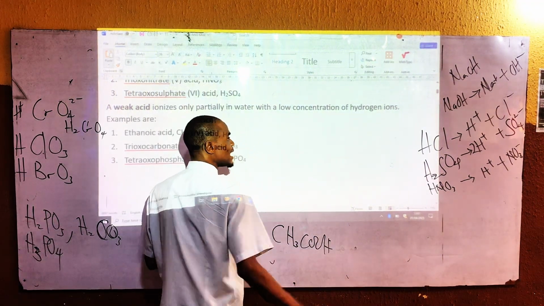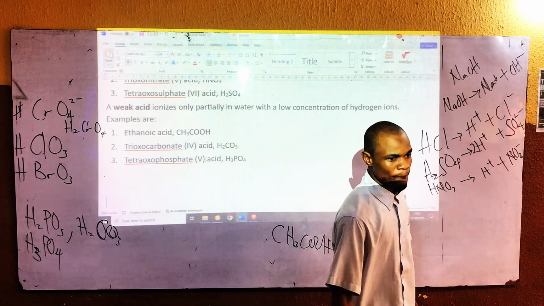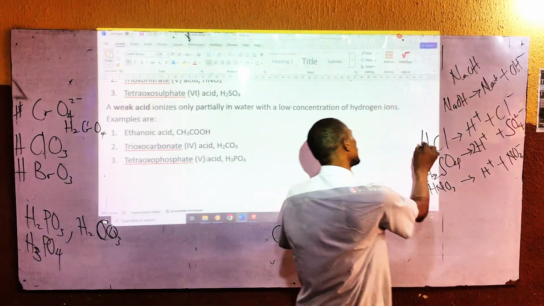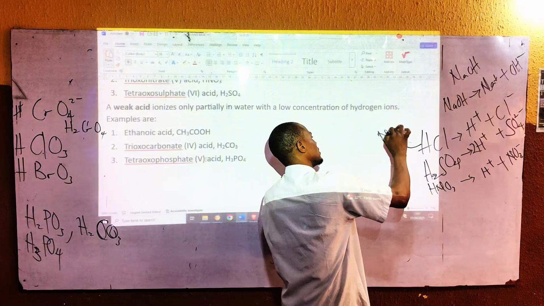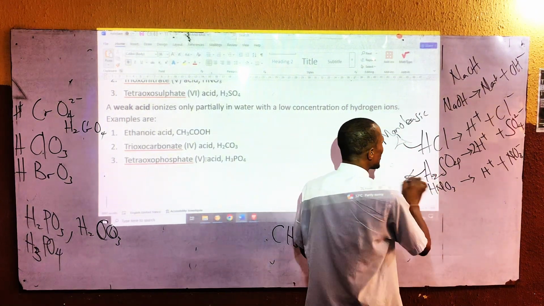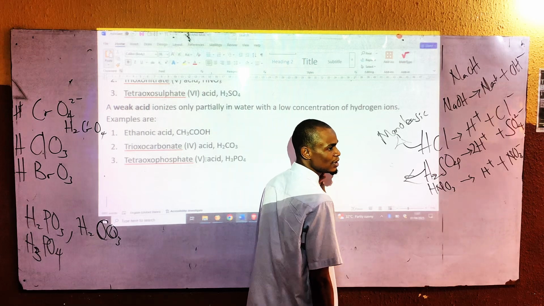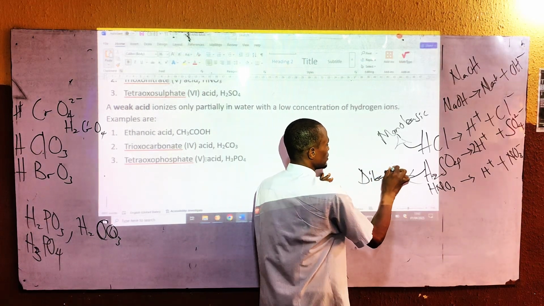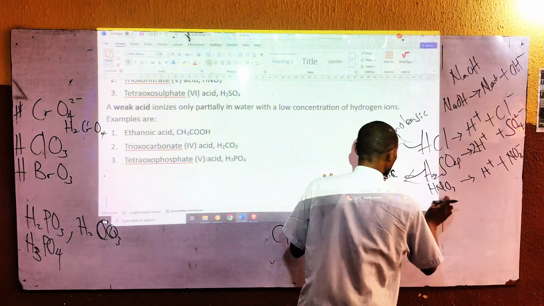So now, what is the basicity of an acid? How many hydrogen ions can you see here? One, right? You say this is monobasic. Now, how many hydrogen ions can you see here? Like this is also dibasic, right?